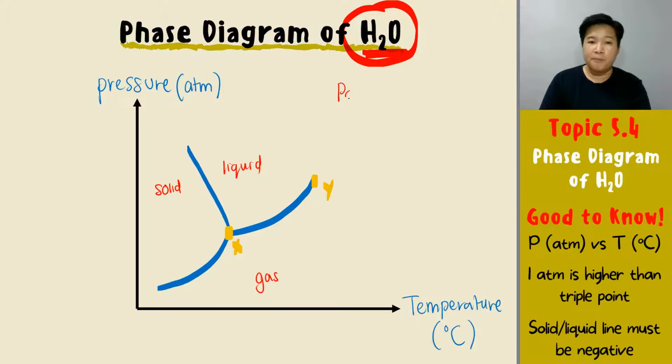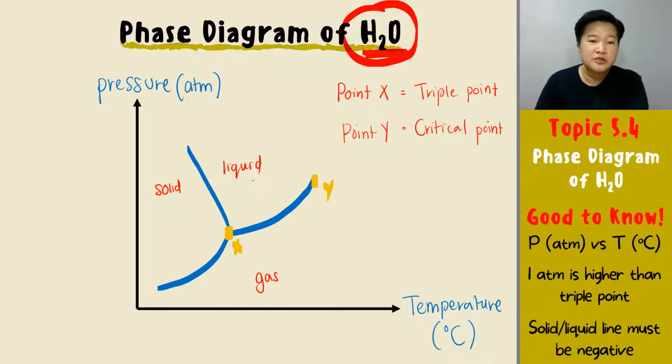And we know that your point X, same like your carbon dioxide, is your triple point, where your solid, liquid and gas all exist at that particular pressure and temperature. And then you have your point Y, which is your critical point. Remember that? And make sure your critical point is between your liquid and your gas.